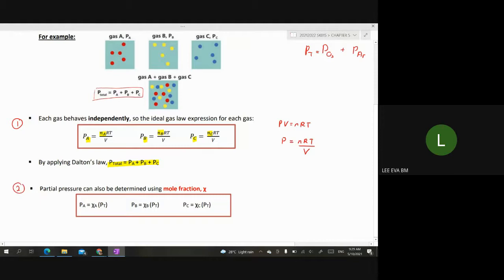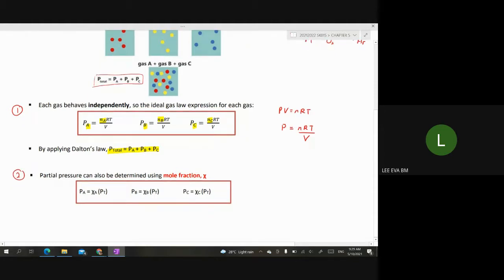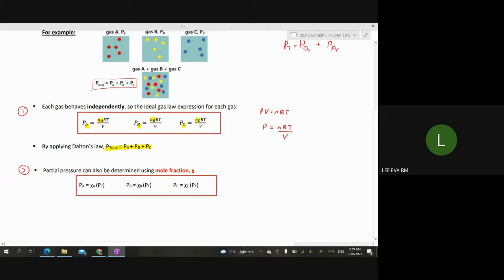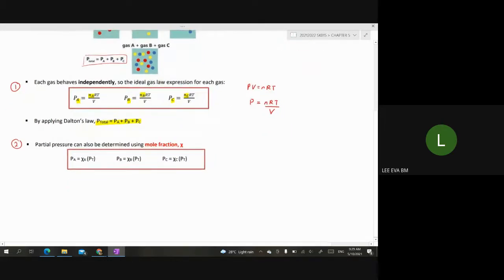The second method is over here. You can also find the partial pressure from the mole ratio. So, Madam wants to ask, in which chapter did you learn mole fraction? Anyone want to let me know? Chapter 1. Chapter 1. So, do you still remember mole fraction, what formula did you use before? Let's say I want to find the mole fraction for A. It is nA over nA plus nB, or n total.